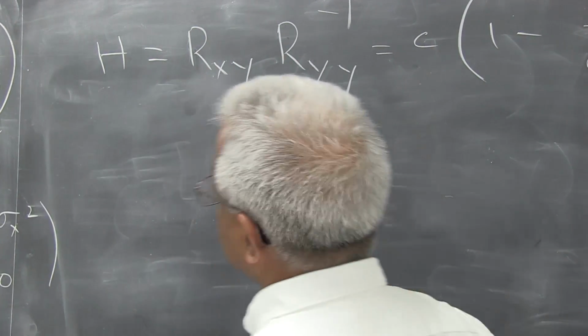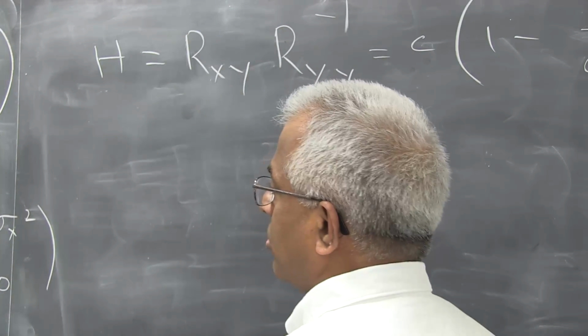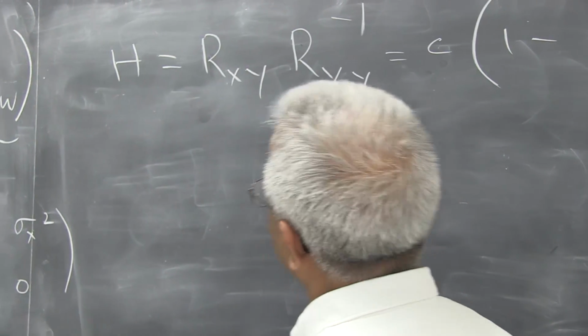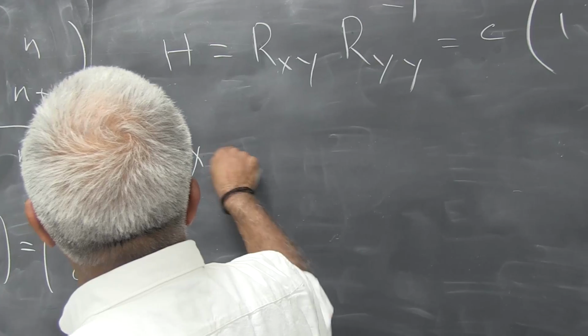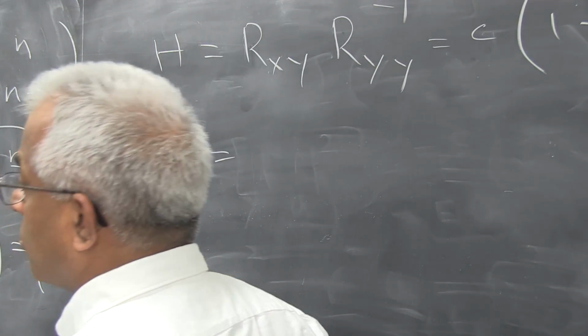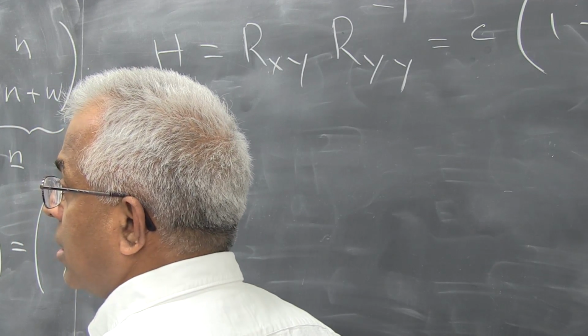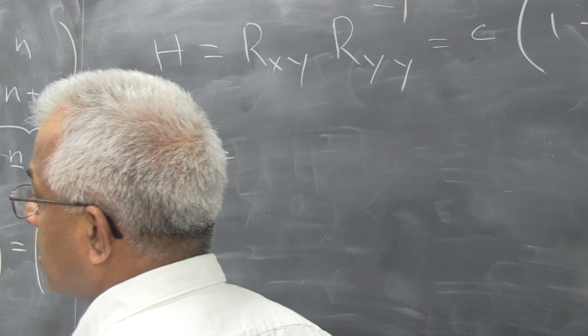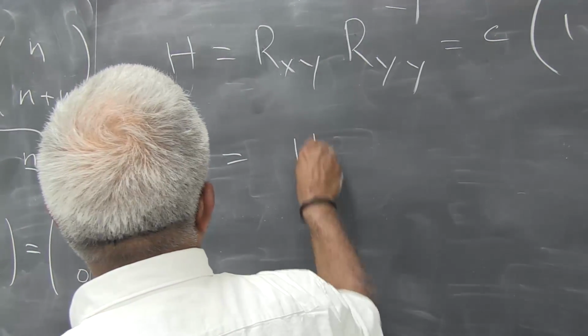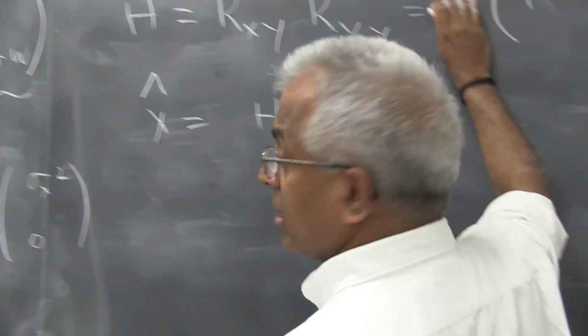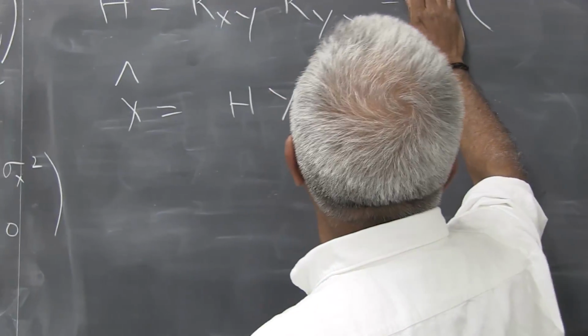This is a constant which is already there in the notes. So once you have h, remember x hat is going to be what? Hy, right? So this is hy. So forget about the constant. This is only a scaling.